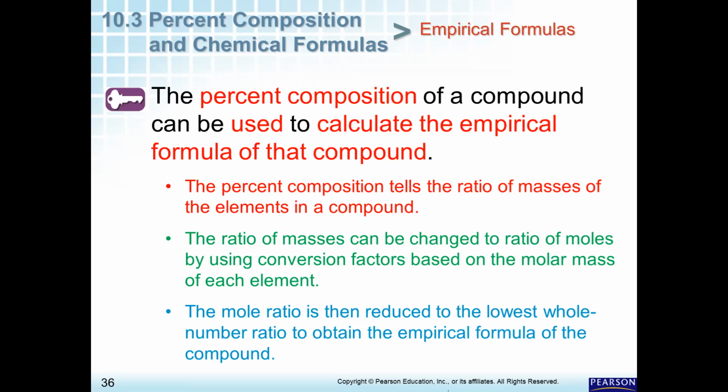So what you do is you change that percent into grams. That's step number one. Step number two, you change all the grams into moles, and you know how to convert that. I don't have to repeat it again, using the molar masses of the elements. Once you get the moles, that is your mole ratio. But that will be a fraction. Remember that we said that the empirical formula is the lowest whole number ratio.